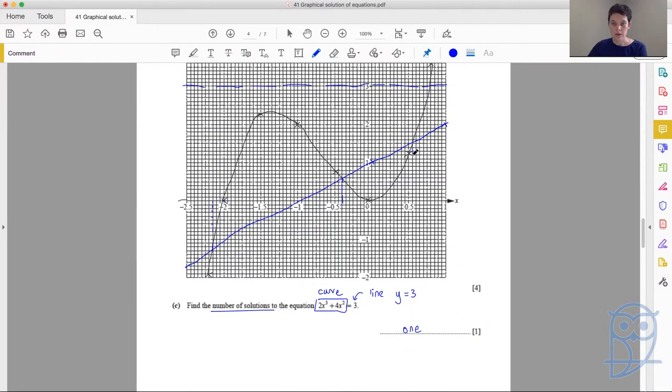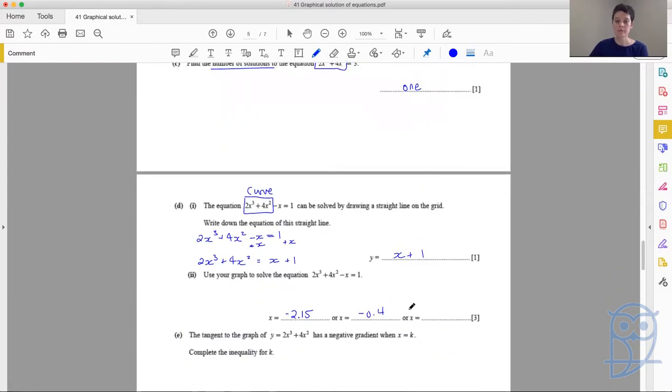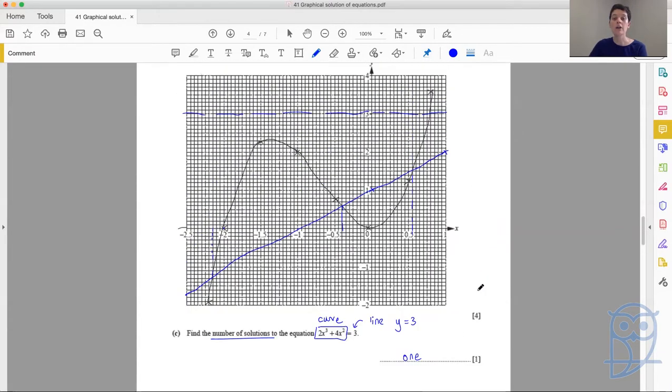So we bring that value down all the way to the x-axis. And we see we're not quite on the 0.5, but we're not on the 0.6 either. We're in between. So we're on a 0.55. So we're just reading all those solutions off our graphs.